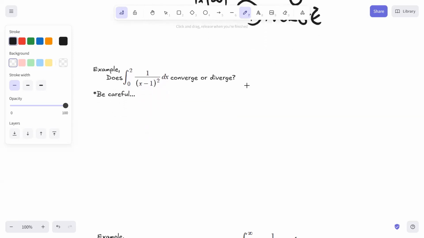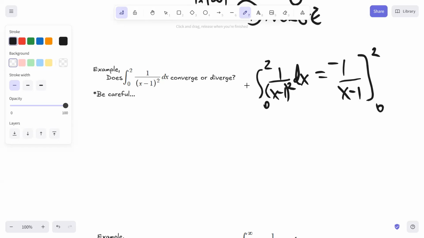So this is one I was speaking about previously. We want to know, does the integral from 0 to 2 of 1 over (x minus 1) squared diverge? It's tempting to say that this is going to be the integral from 0 to 2 of 1 over (x minus 1) squared dx. The antiderivative of that is negative 1 over (x minus 1).